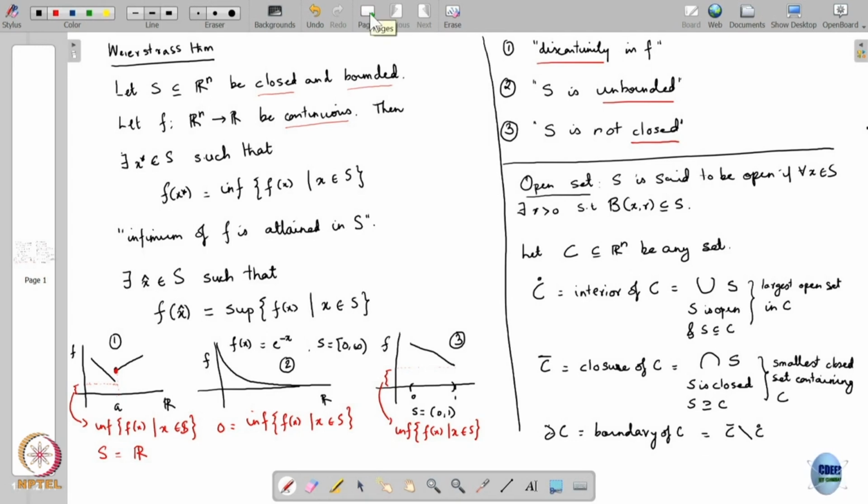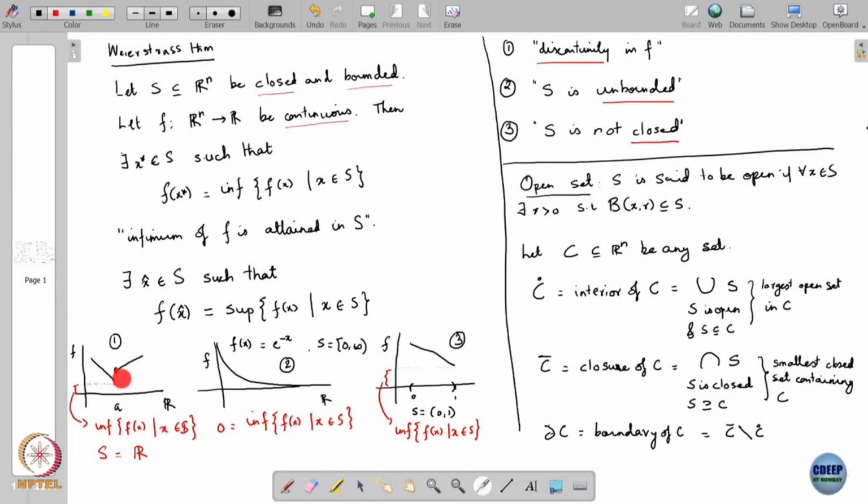we have to pay careful attention to the way we are defining this set. So now, suppose you encounter an issue such as the three cases that I just mentioned, case 1, case 2, case 3. In all these cases you will have the difficulty that your infimum is not being attained.